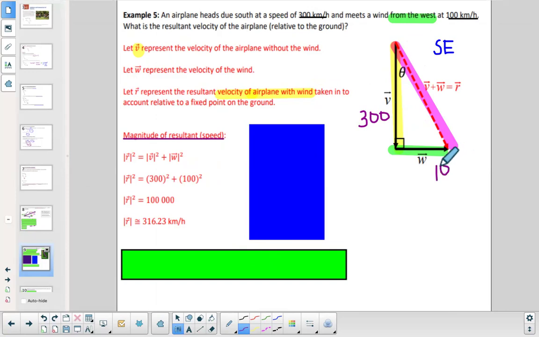If I use the Pythagorean theorem, I get 100,000. And if you take the square root of 100,000, you get 316.23, and that represents kilometers per hour. So that is the magnitude of my resultant right here.